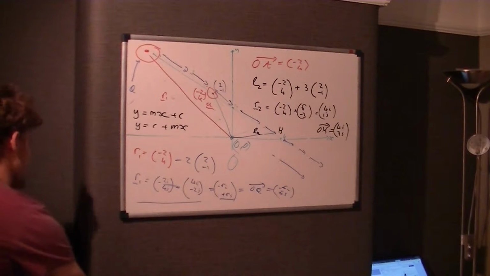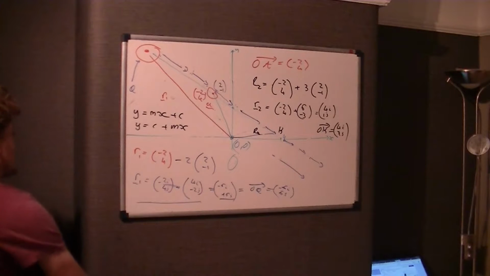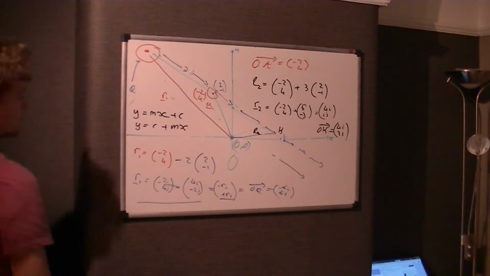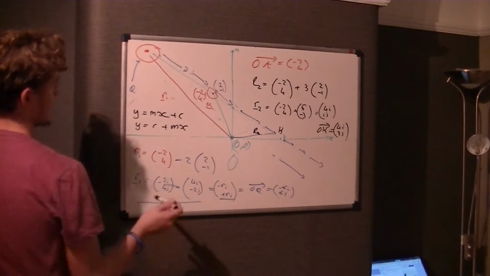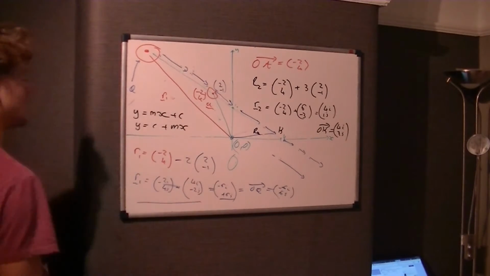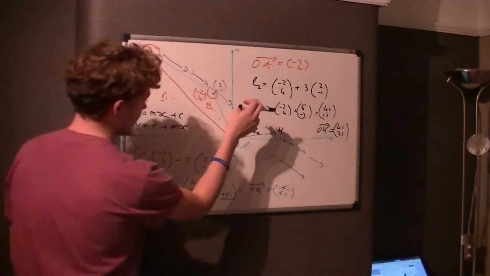The gradient is negative really. So this is sort of representing the gradient, although it's more to do with how many magnitudes.